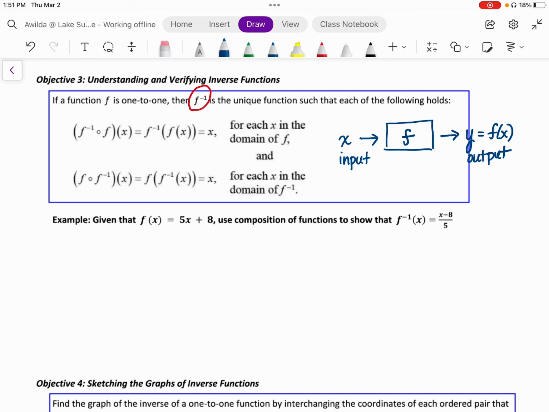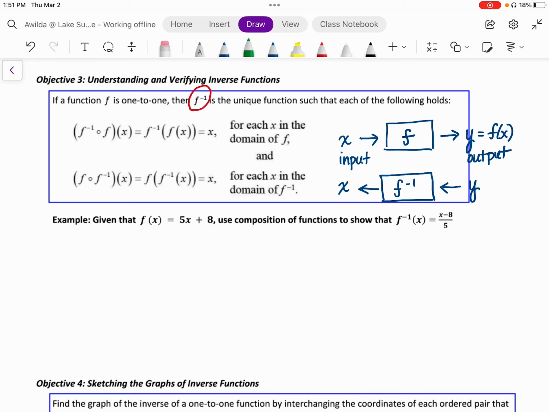Now suppose we have a different machine that pretty much reverses whatever f did. Let's call that f inverse. Now the input for f inverse is going to be y, which is the output that we see above. From that process, we have a new output, and that output is going to be x.